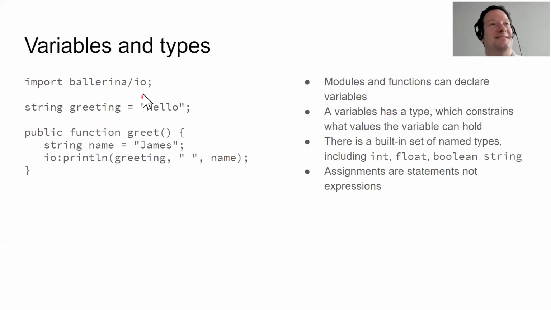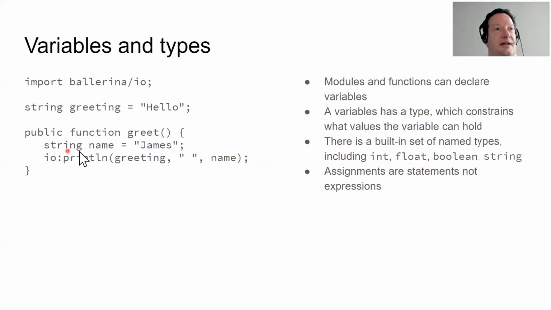Let's talk a little bit about variables and types. Here we are importing the IO again. We're declaring a variable greeting of type string, and we're initializing it to hello. So variables have types, and there's a built-in set of basic types: int, float, string, Boolean.